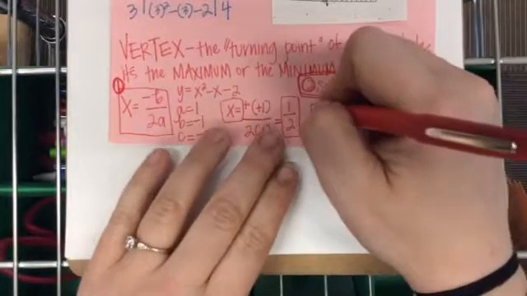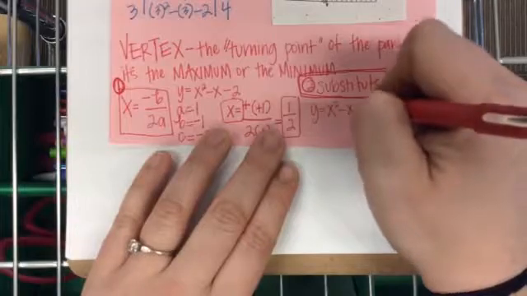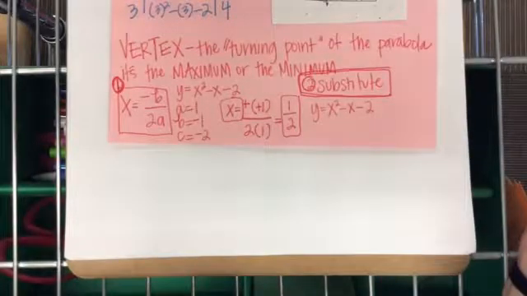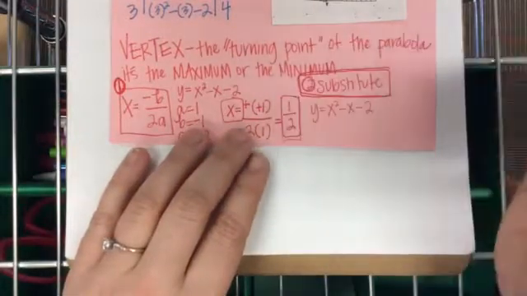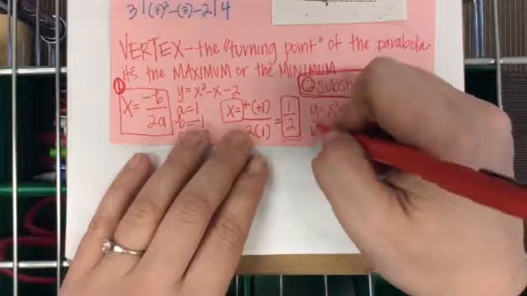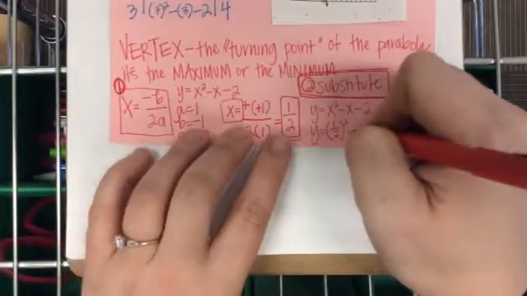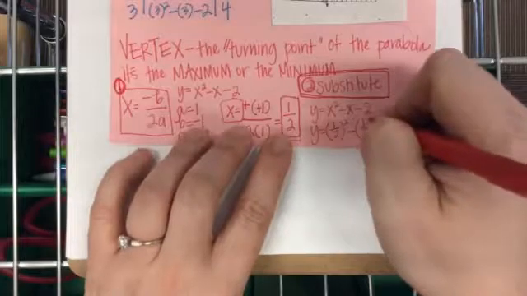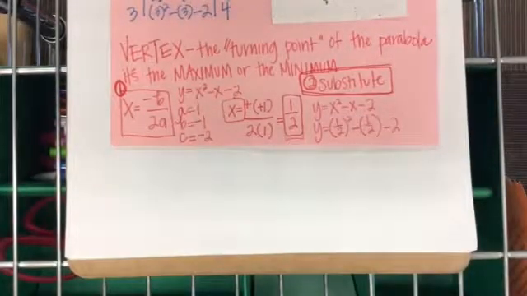So instead of y equals x squared minus x minus 2, I'm going to put in 1/2 for x. Y equals 1/2 squared minus 1/2 minus 2. I'm putting them in fractions because you can use decimals, you can use fractions.